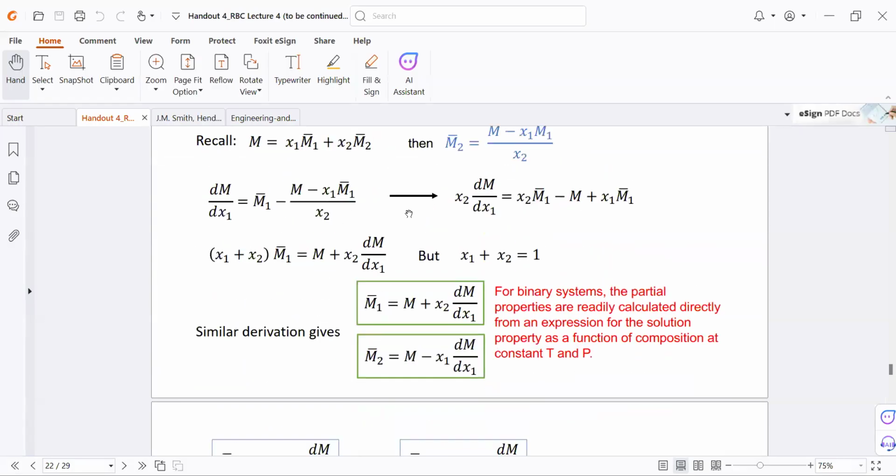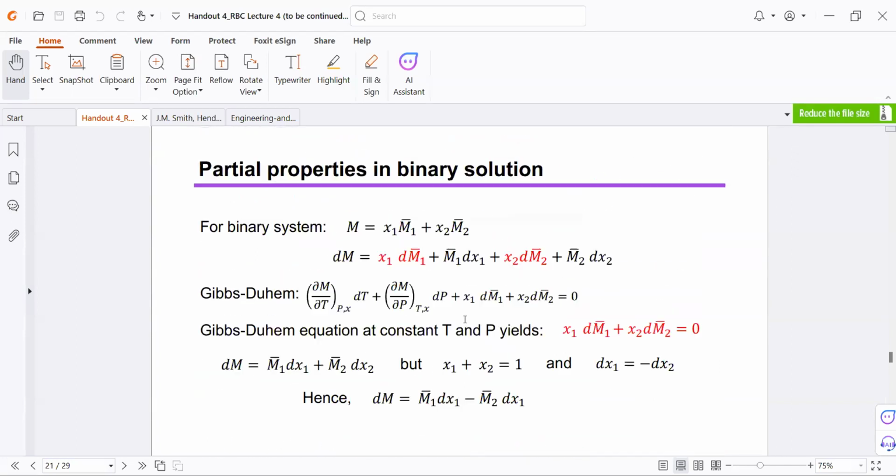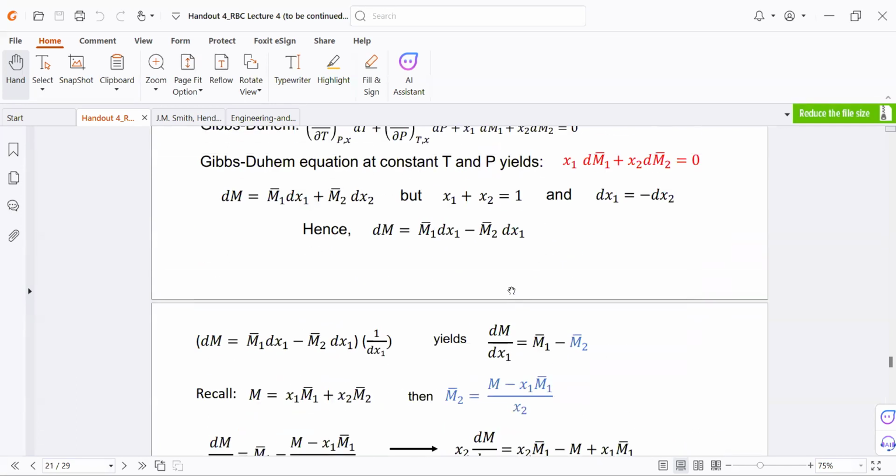However, the problem is, we're supposed to use this equation, but the figure that's given to us is in terms of x2, but our equations are in terms of x1. So we have to derive an equation similar to this one, but in terms of x2.